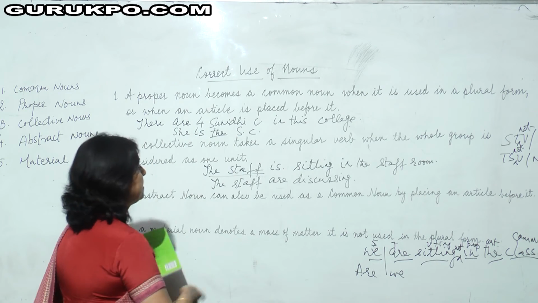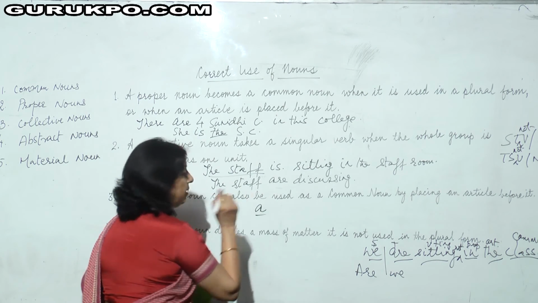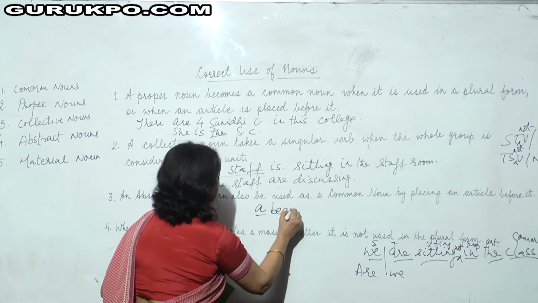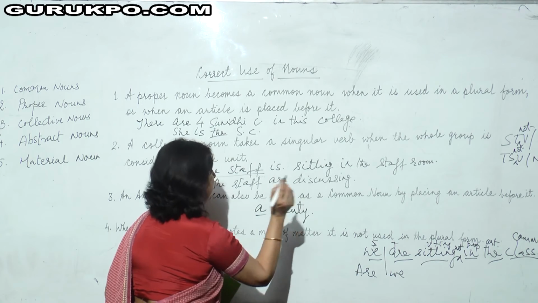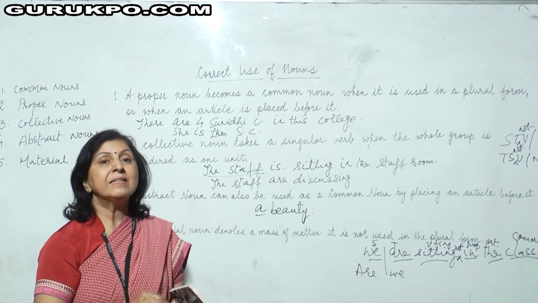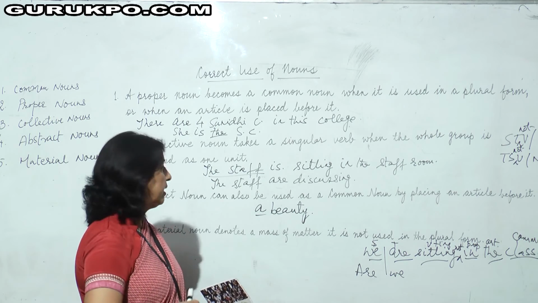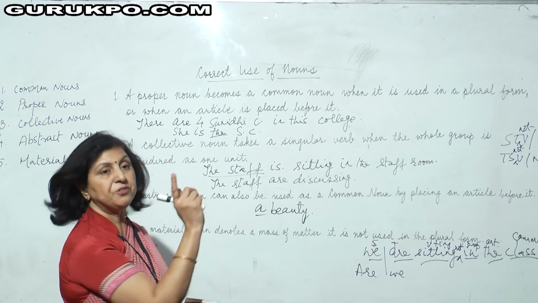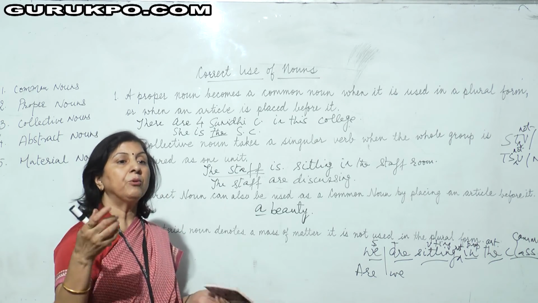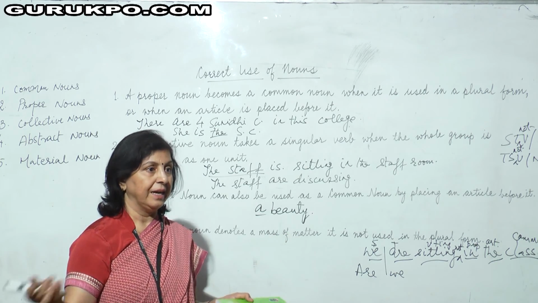I just placed an indefinite article A, and so and so is a beauty. By placing an article A, I converted this abstract noun into a common noun. She is a beauty means she is a beautiful lady.